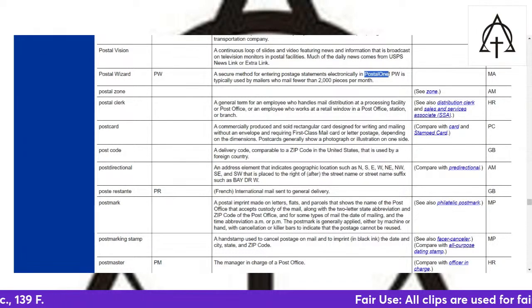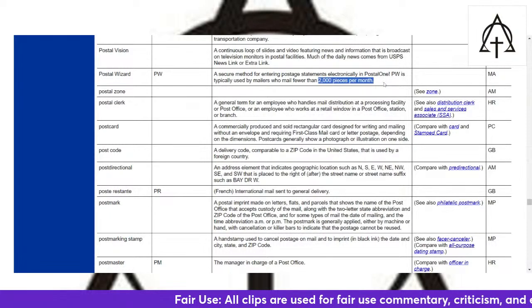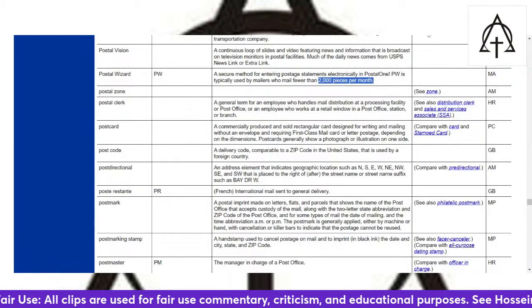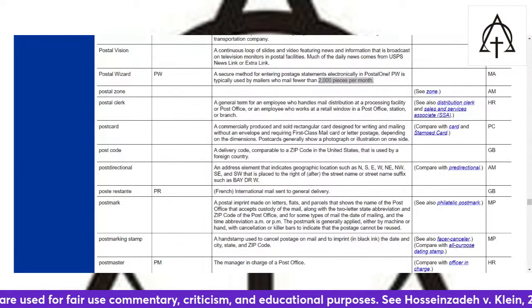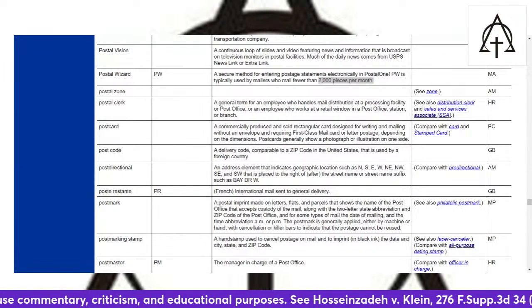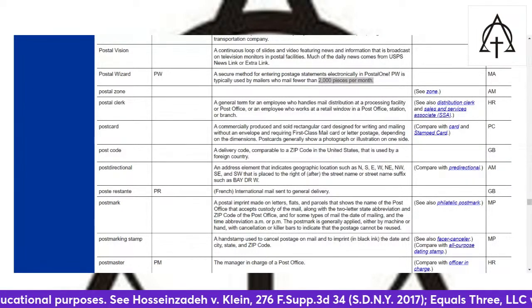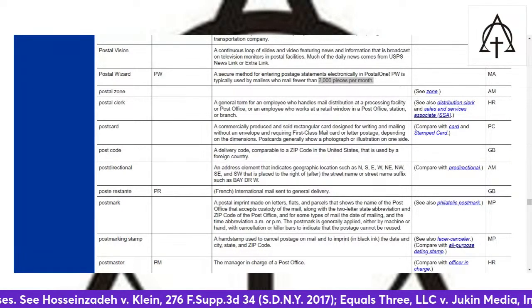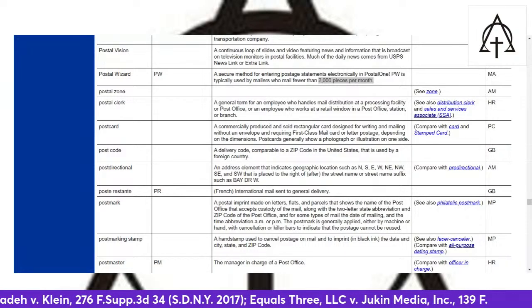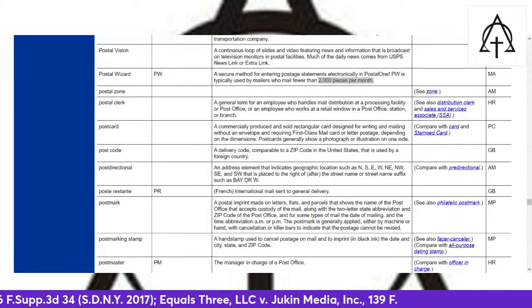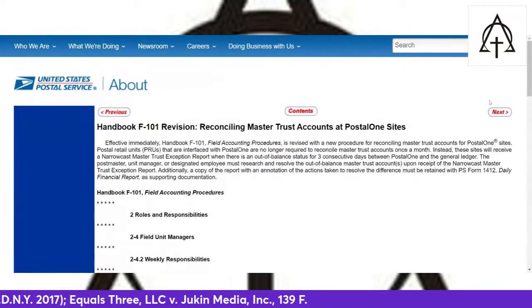Postal Wizard is typically used by mailers who mail fewer than 2,000 pieces per month. Postal One is the online account that I discussed in regards to reconciling the master trust accounts at Postal One's sites.